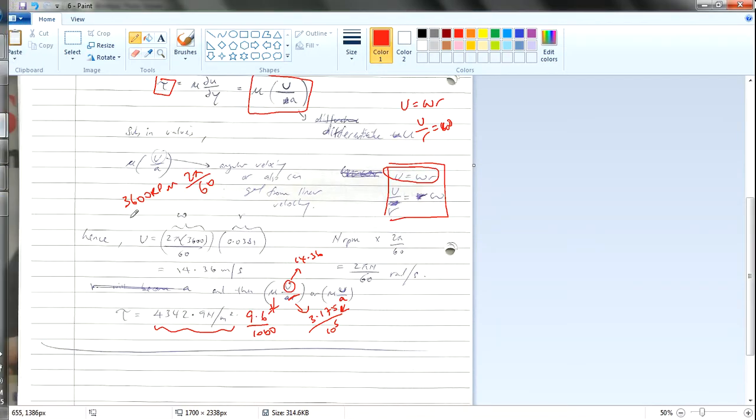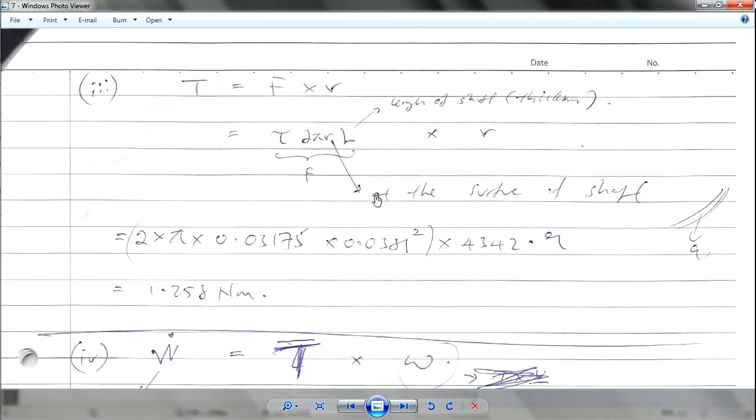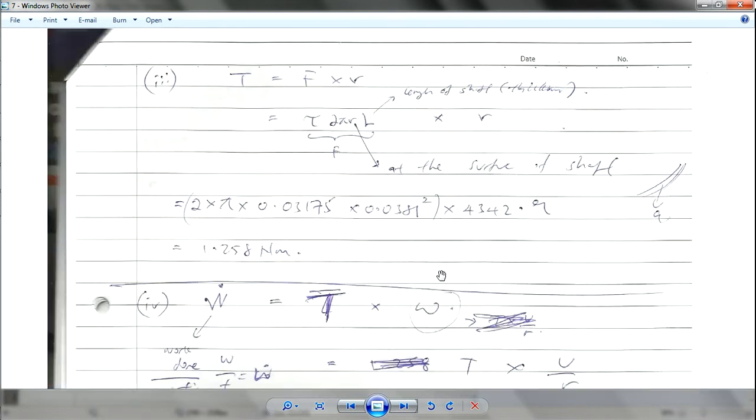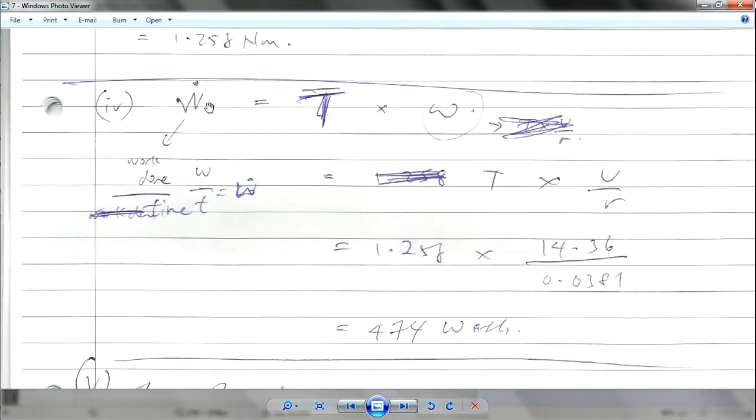This is also reflected over here. If you don't trust me, you should trust my notes, which come from my lecturer. So we have this one over here, which is the work done per time. Work done over time is power.